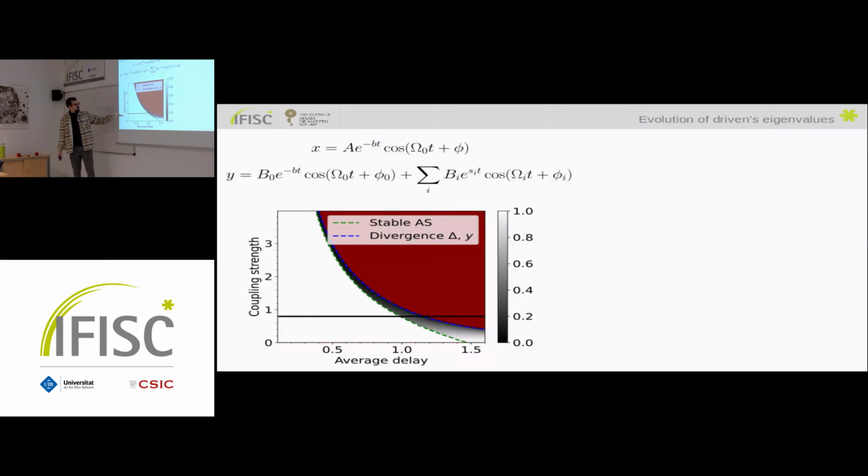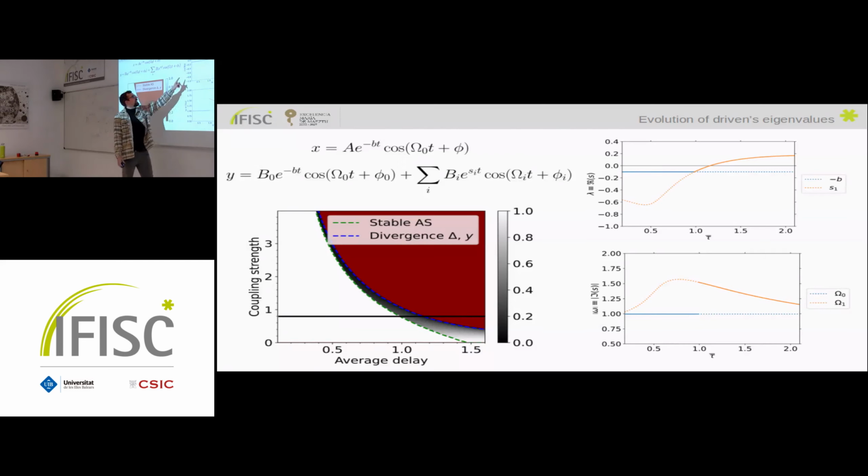So for the real part, you can see that at the beginning, in this part over here, the eigenvalue, which is the same for the driver and the driven, is the dominant one in the driven. And of course, this is what we expect, because if there is anticipated synchronization, both systems should have the same frequency and behave in the same way.